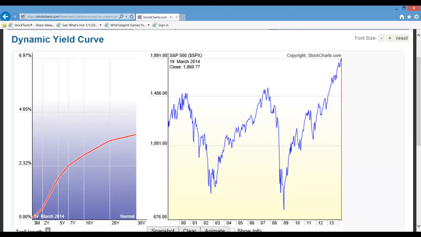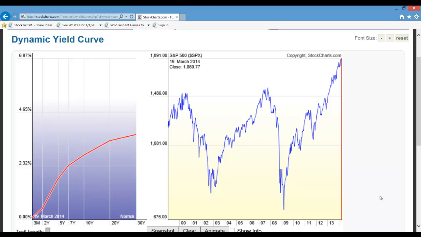So is this the hint? And so this is real time now. Is this the hint of a flattening yield curve, that the interest rates are not going higher on the longer term money because there's no demand, and that if the Fed is backing away, which they've been telling us they are, if these things begin to normalize and go up, what happens to the yield curve when we're out here, and then thus what happens to the stock market?